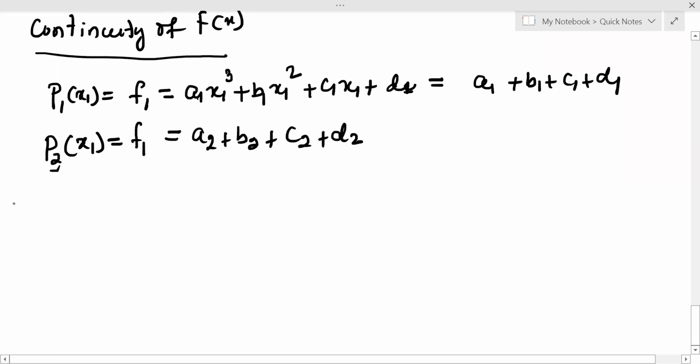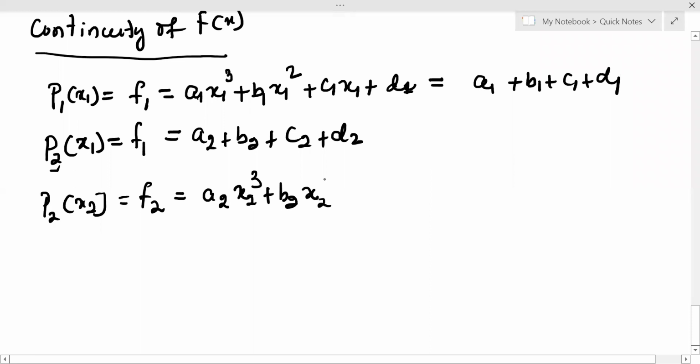Similarly, P2(x2), that is named as F2, and that is a2x2 cube plus b2x2 square plus c2x2 plus d2.